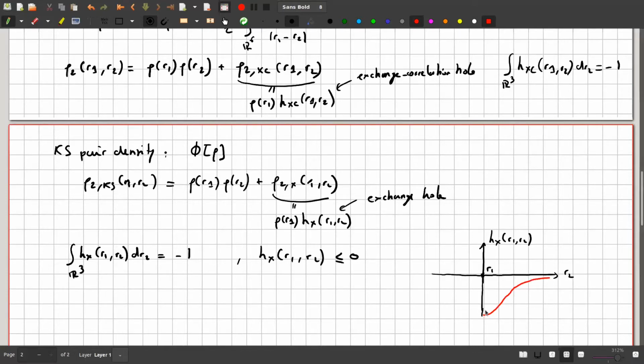So it's always negative. Okay, and so it represents a decrease of the conditional probability of finding the second electron close to the first one here due to exchange effect.